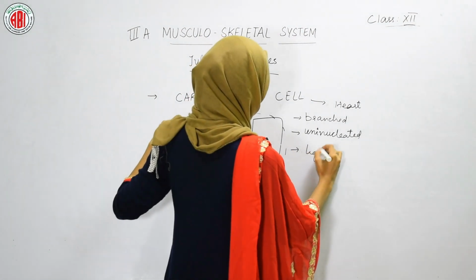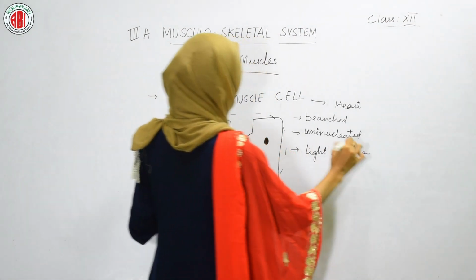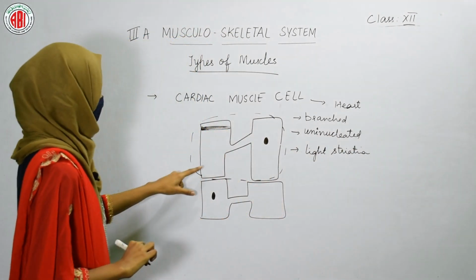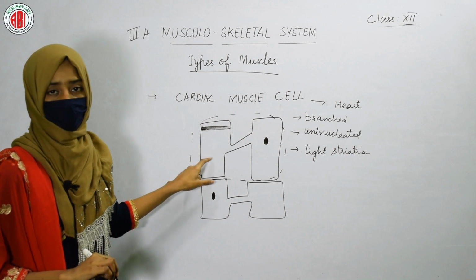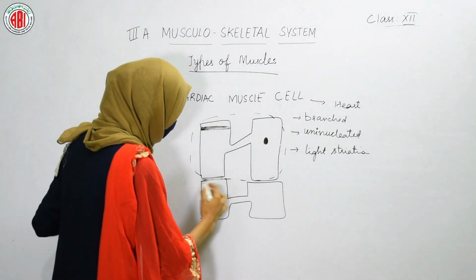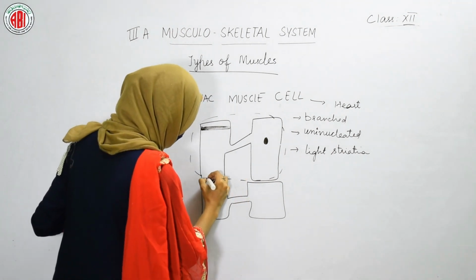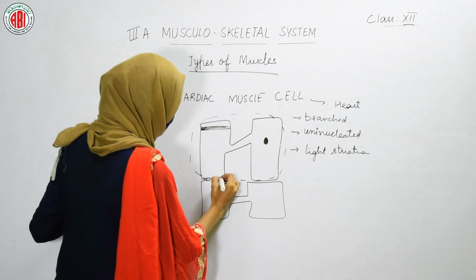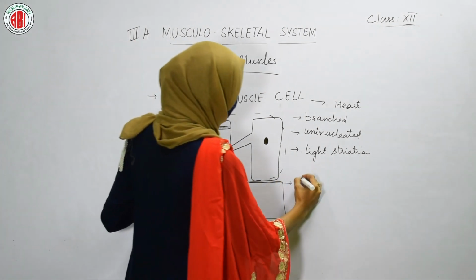They show some striations, and those striations can be termed light striations. So light and dark bands are present in the cardiac muscle cells and we call those bands striations. And here in the middle of the two cardiac muscle cells, one disc-like structure is present. We call these discs intercalated discs.